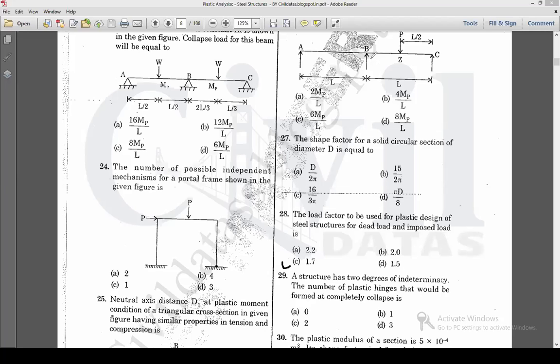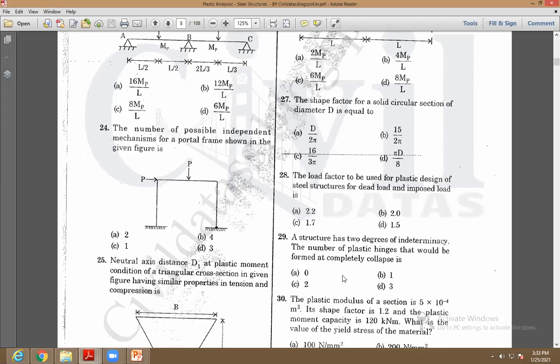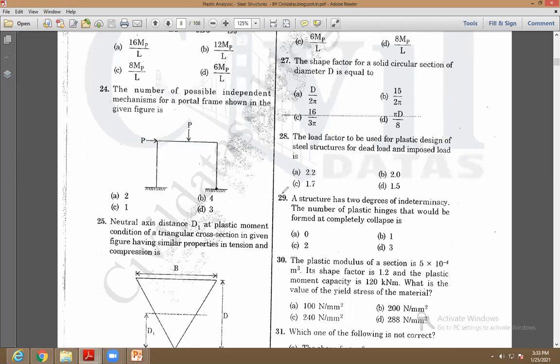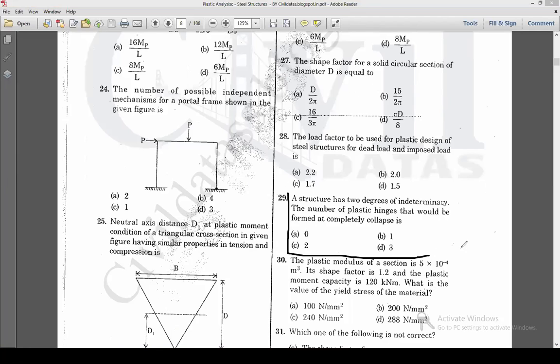Now the next question, question number 29. The structure has 2 degrees of indeterminacy. The number of plastic hinges that would be formed at a complete collapse is equal to. R is equal to 2.